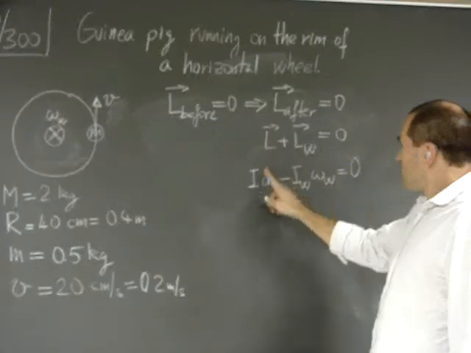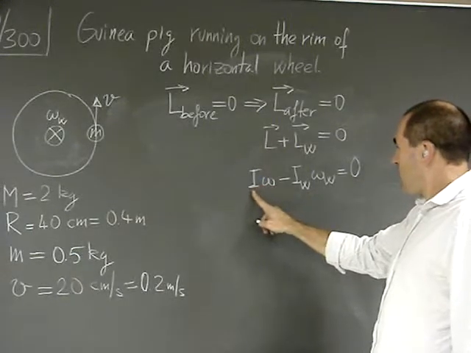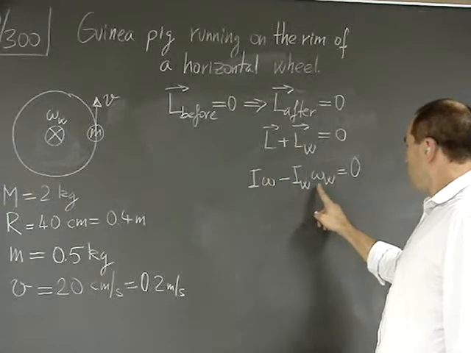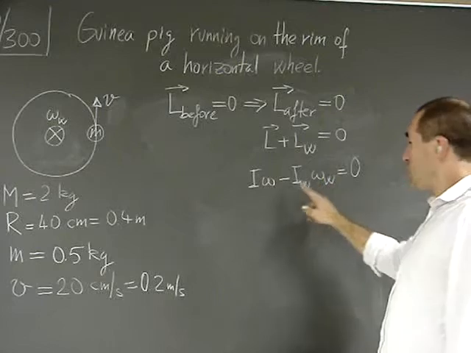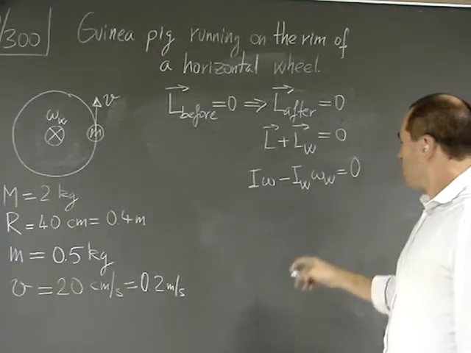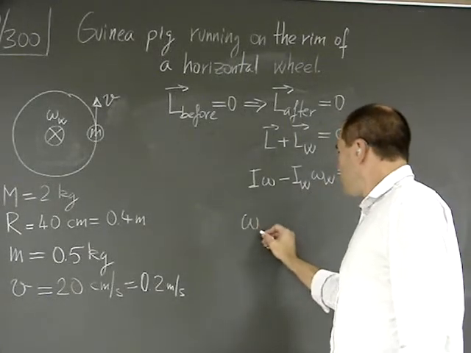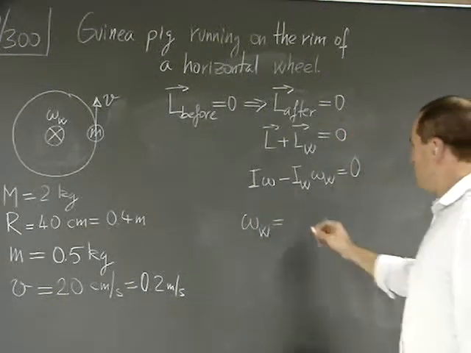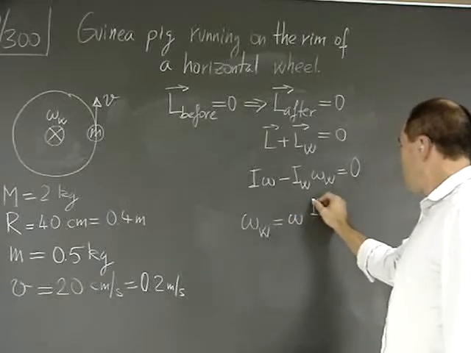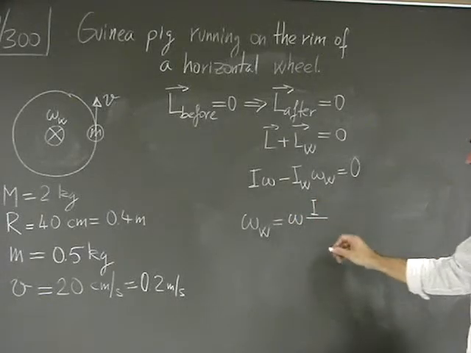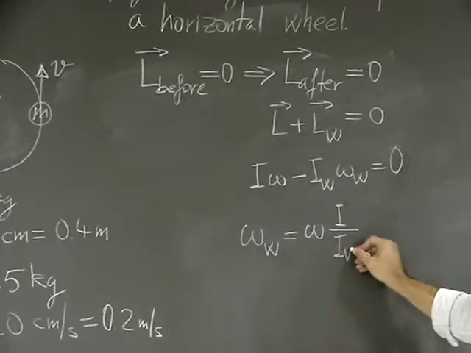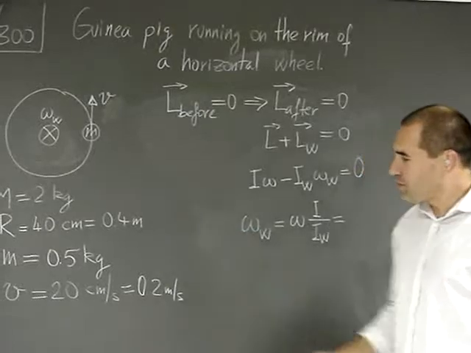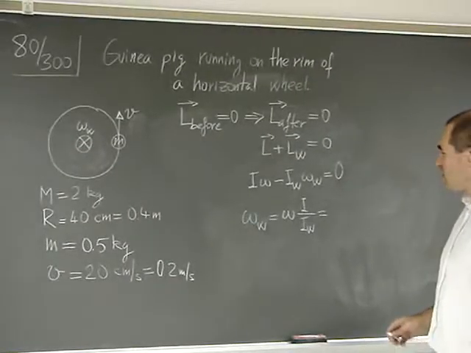So we have for the guinea pig I times omega, and for the wheel I_w omega_w, and this should be 0. That will give us what we want, which is the angular velocity of the wheel as omega_w equals omega times I divided by I_w.